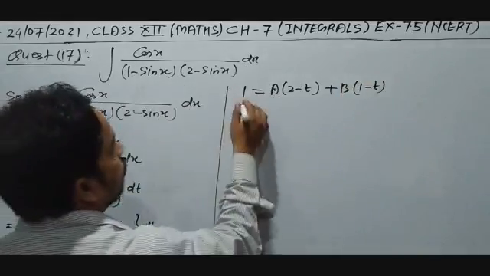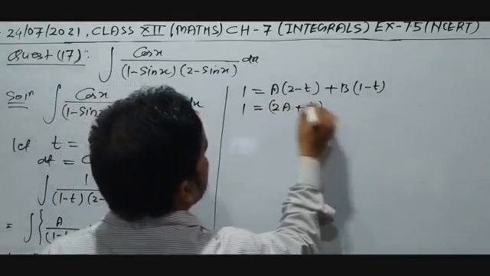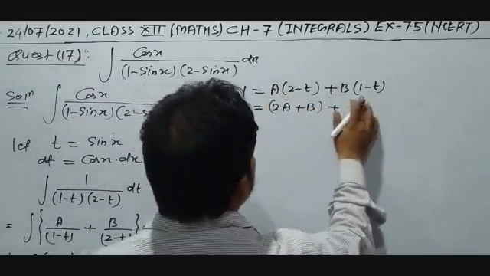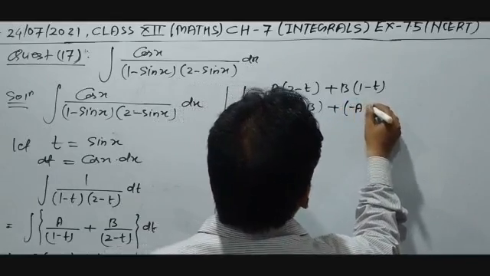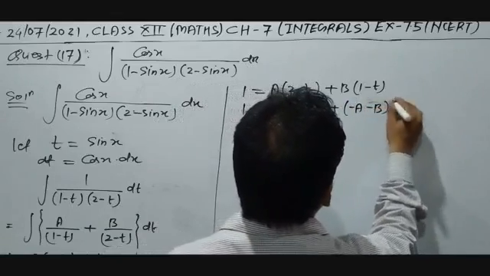So now when you equate, 2a plus b plus (minus a minus b) t.